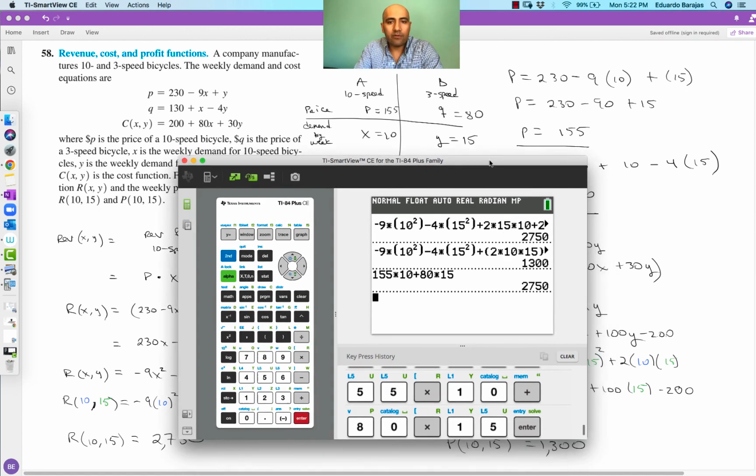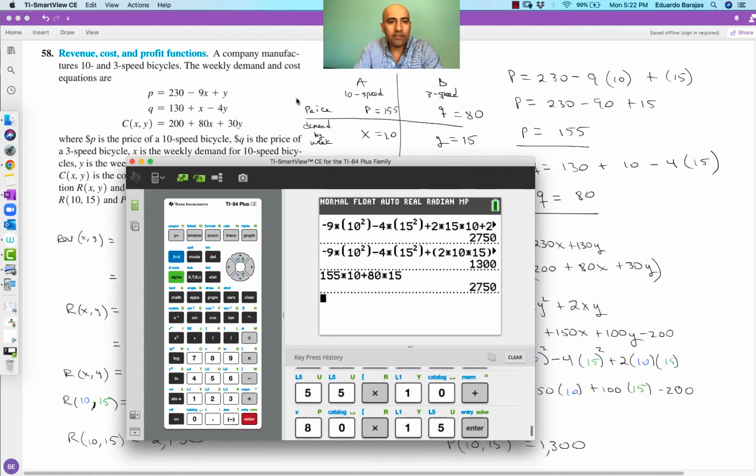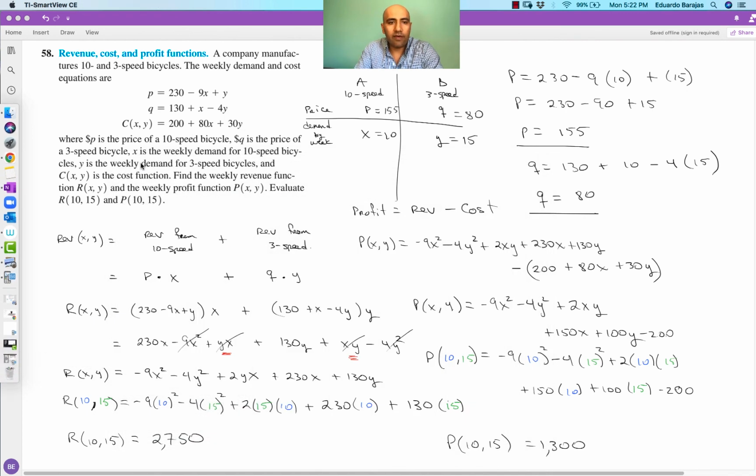On the other hand, there was a cost associated with producing them, and that's what this is right here. So we could also evaluate the cost function at 10, 15. What would that get us? Let's come back over here. That would be C of 10, 15 is equal to 200 plus 80 times 10 plus 30 times 15.